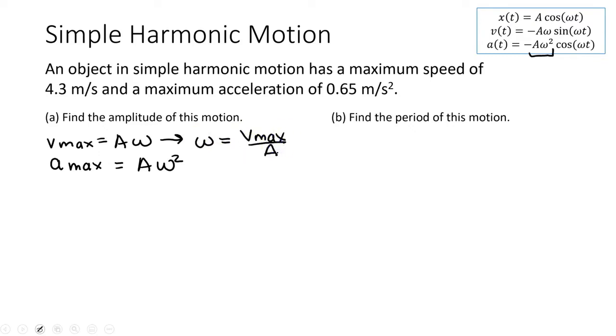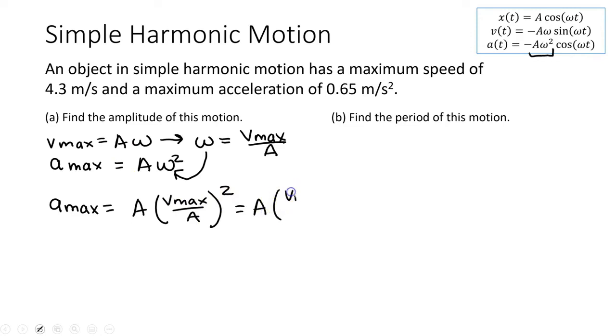Okay, and then I'm going to plug it in for omega in this equation. And so I get a max is equal to A times omega squared, where omega is v max divided by A. Okay, so when we square it, remember we have to square both terms. And so that gives me A times v max squared divided by A squared.